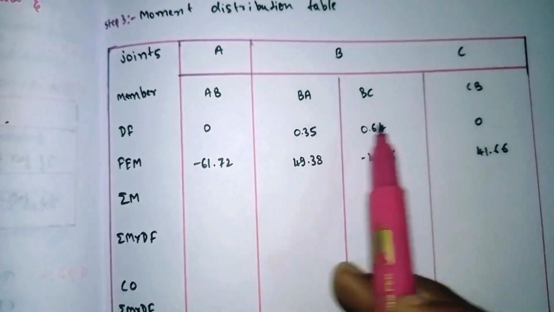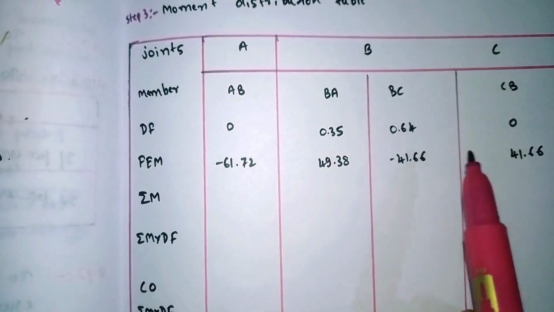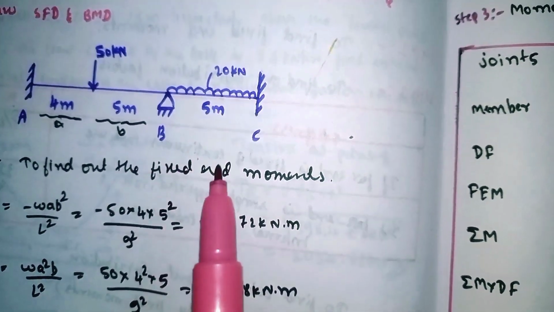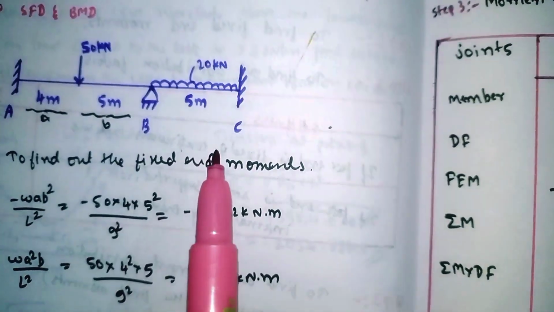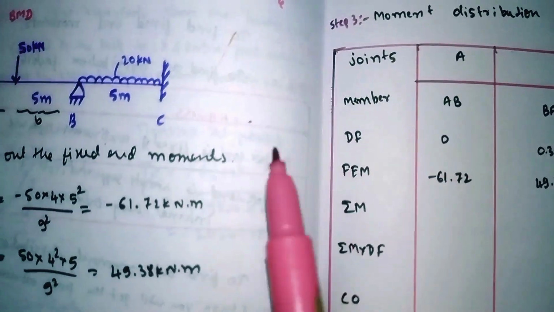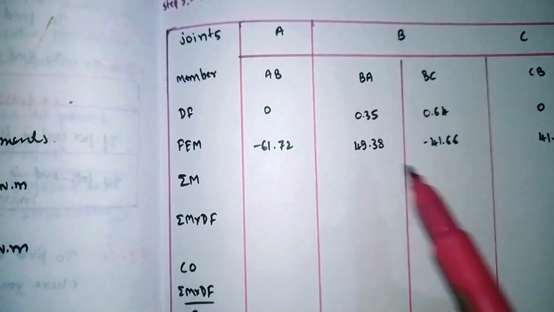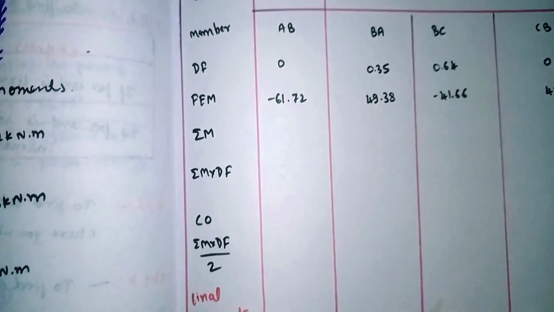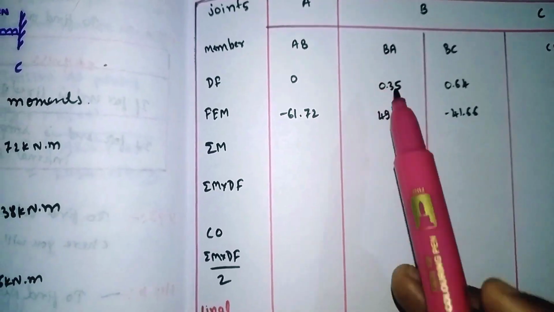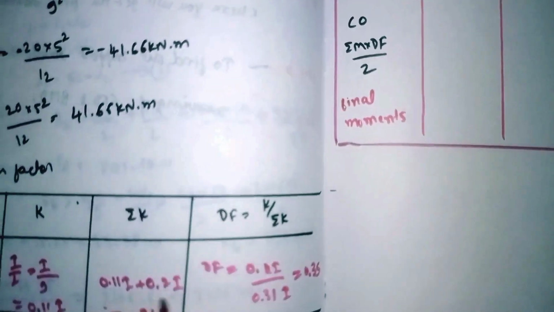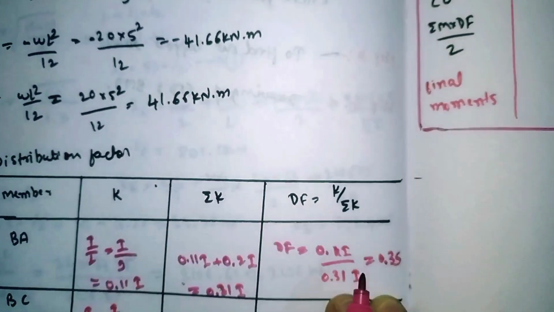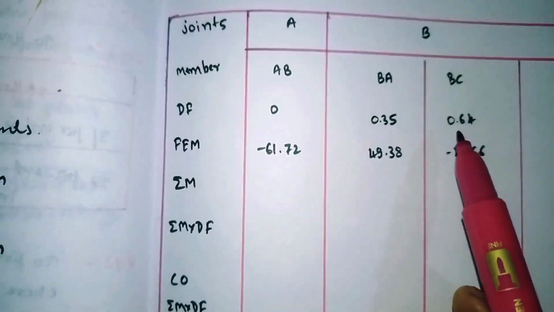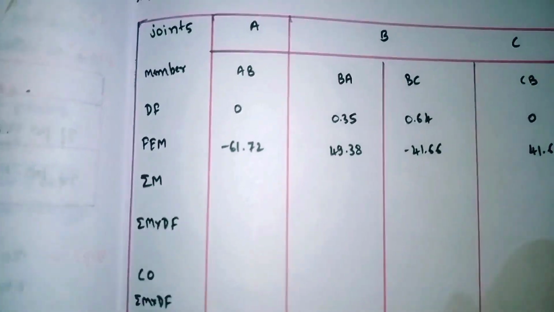For joints A and C there is no distribution factor because joints A and C are fixed, and moment will be there, that's why we are not considering them for calculating the distribution factor. For joint B we have calculated it: for BA the value 0.35, and for BC the value 0.64, written here.